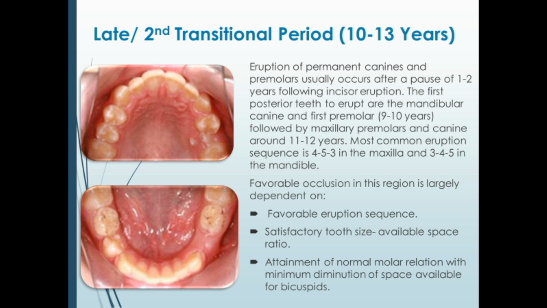Favorable occlusion in this region largely depends on favorable eruption sequence, satisfactory tooth size available space ratio, attainment of normal molar relation with minimum dimension of space available for bicuspids.